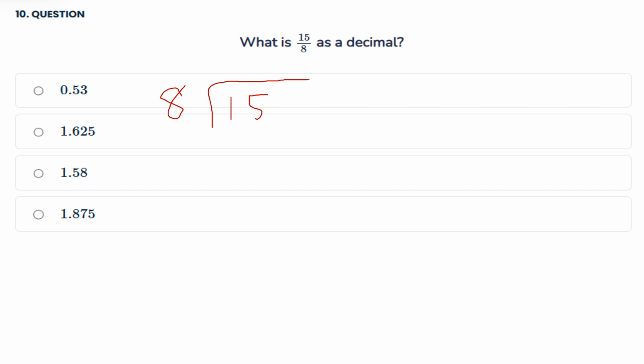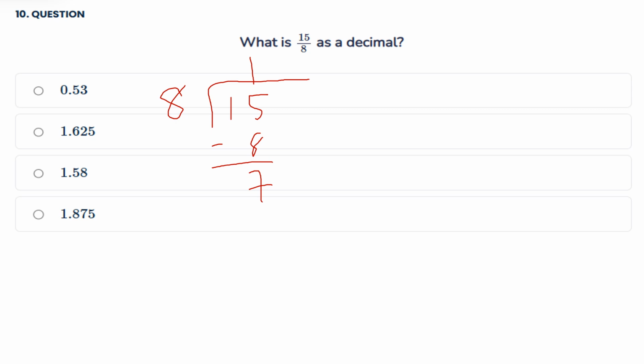8 can't go into 1, but 8 can go into 15. So 8 can go into 15 one time. And 1 times 8 is 8. We're going to subtract 8 from 15. That gives us 7.